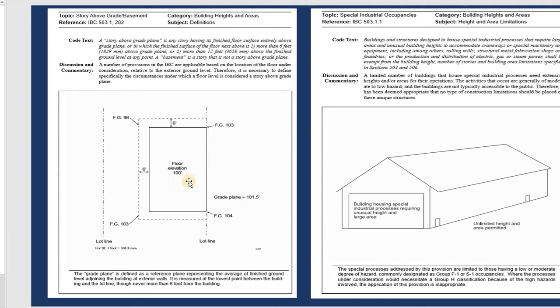The building is at 100 feet elevation, but on the clay plane they have 101.5. That means it's a little bit higher. And the finished clay is 104, that means even higher than that one.